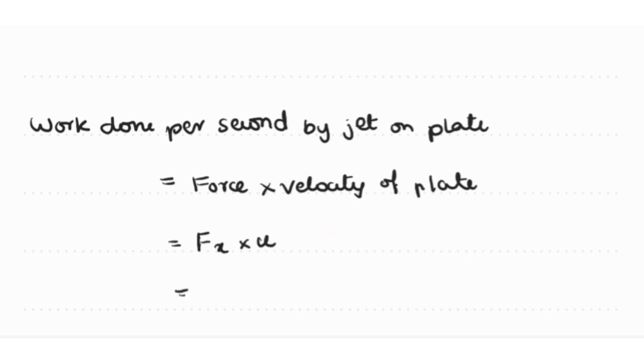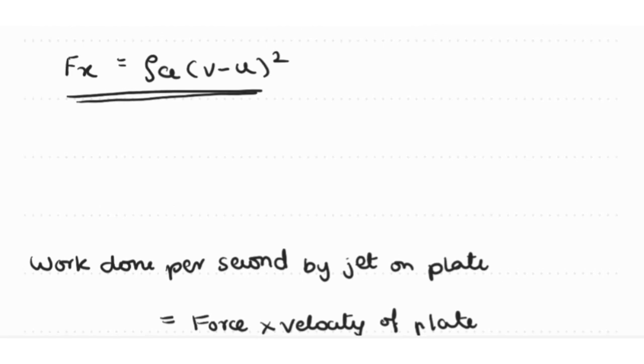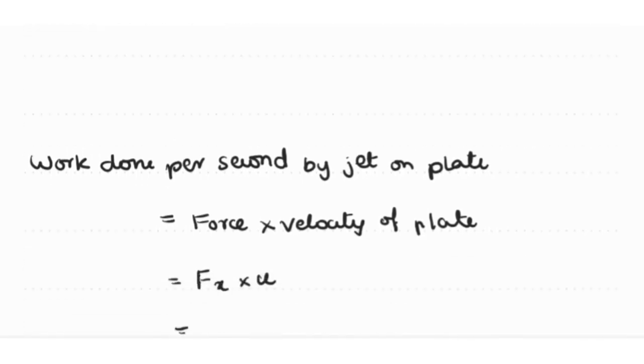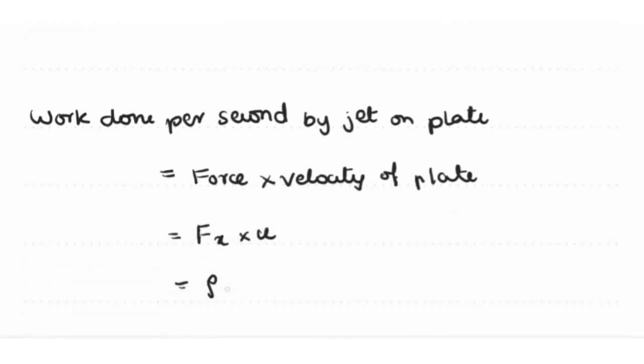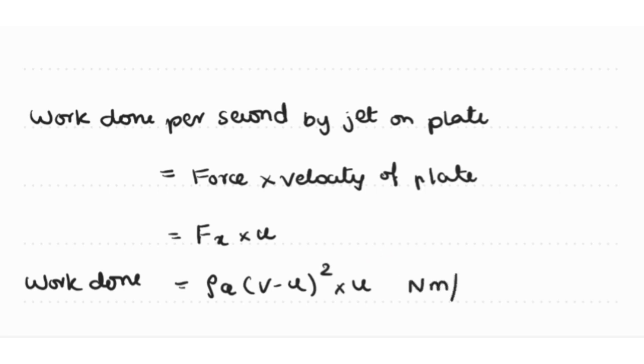Fx we have already derived, that is equal to rho into A into v minus u whole square, multiplied by u. So that is equal to work done per second by the jet on plate. The unit is Newton meter per second. Thank you.